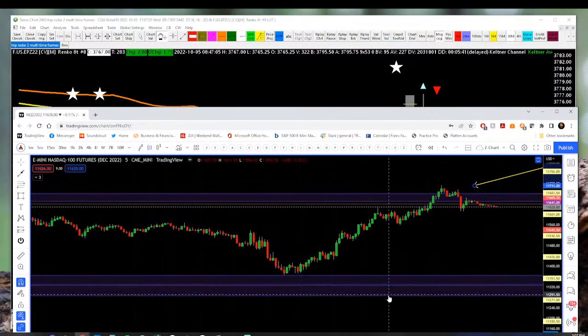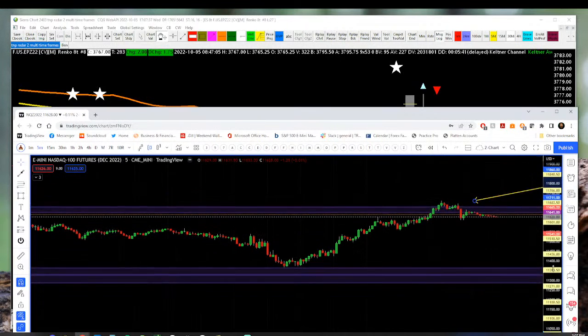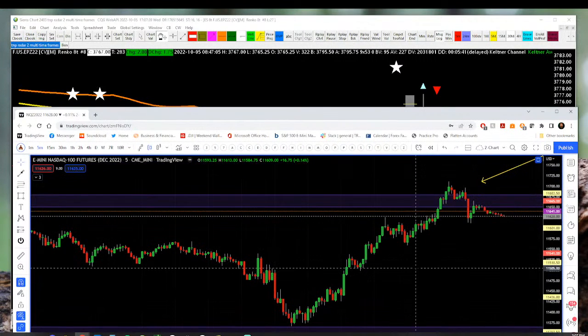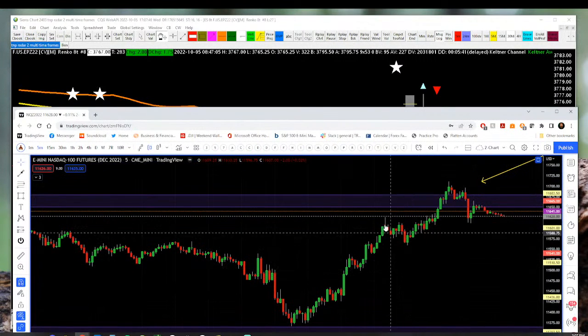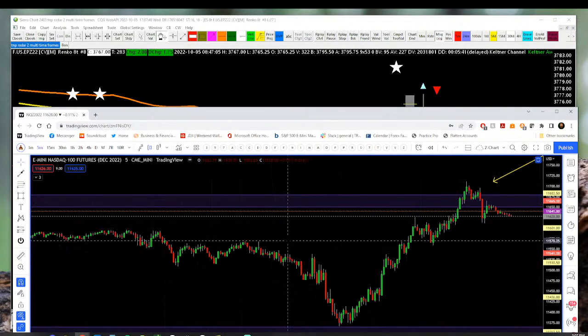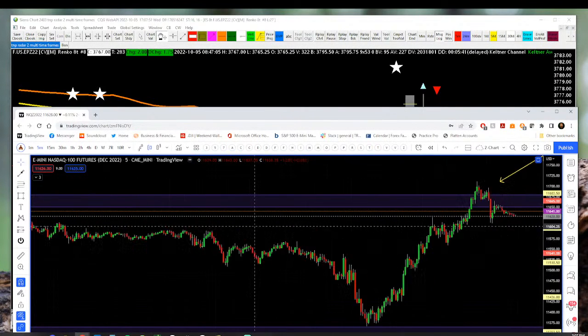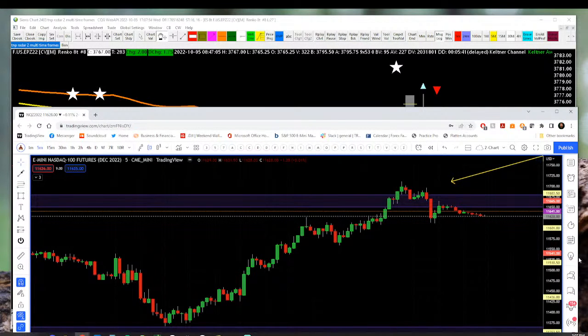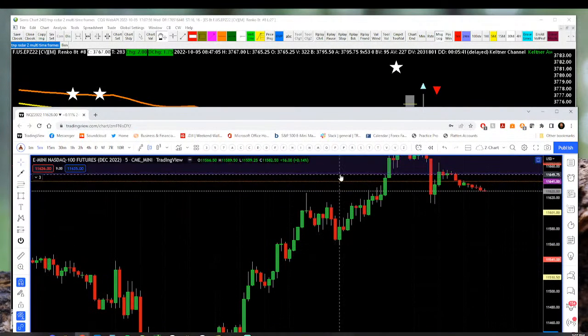Dots on the chart, what color? On my candle chart, you're talking about the little orange dotted line? That's the previous close, yesterday's close, yesterday's settle, I think. The white dotted line is the current price.